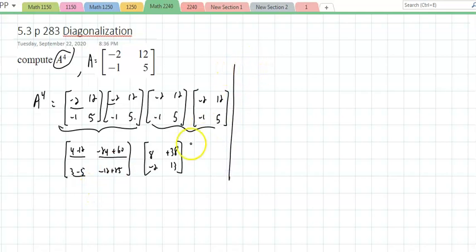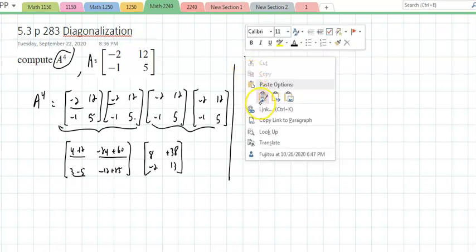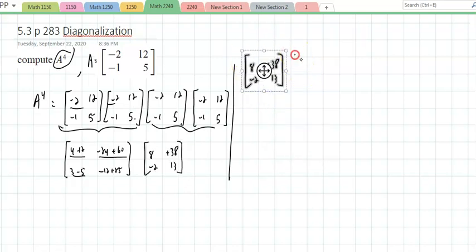Now I have to multiply those two. And that would be 64 minus 2 times 38, 76.